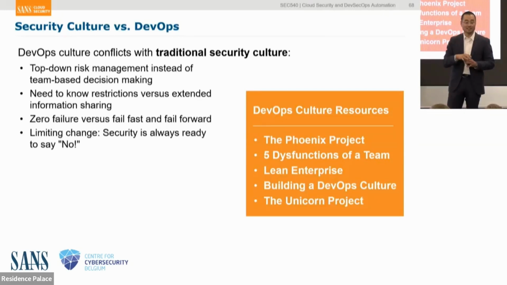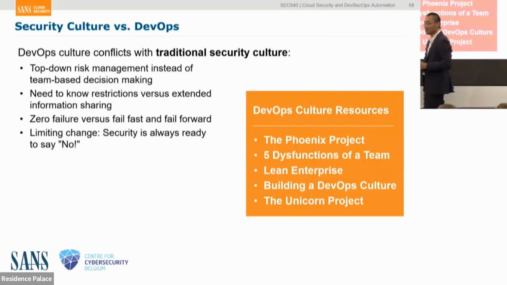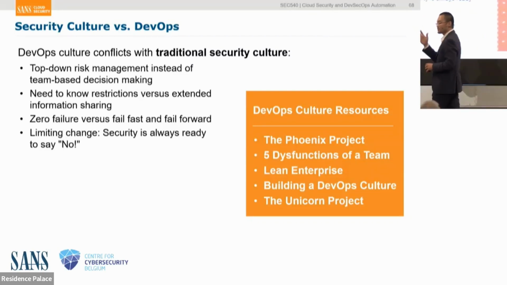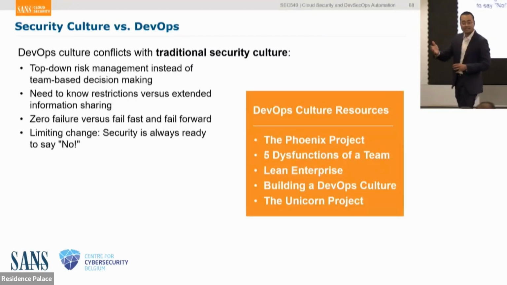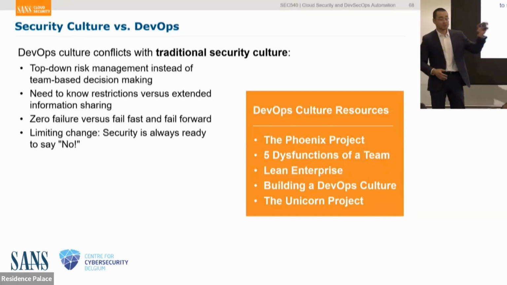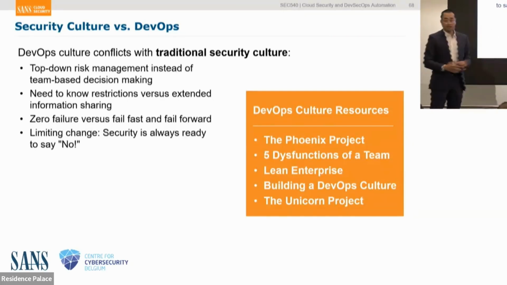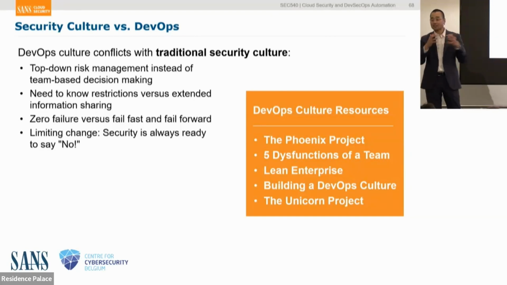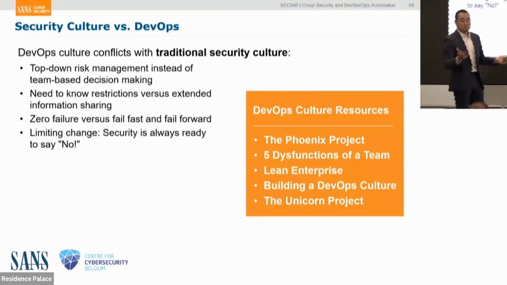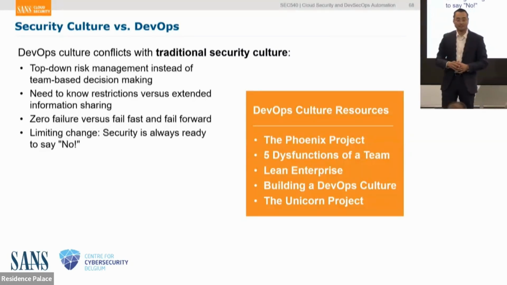Because we in security, we're typically the ones that are seen to say, I heard somebody, I see Chris mouth it, say no, right? Traditionally, security is seen as the team that says no. So as a result, right, top-down, access information on a need-to-know basis versus broad information sharing, zero failure versus failing fast, right? So as a result, there's a traditional conflict between us in security and DevOps that we have to eventually figure out how to resolve.